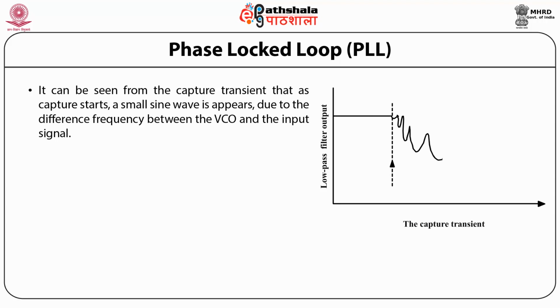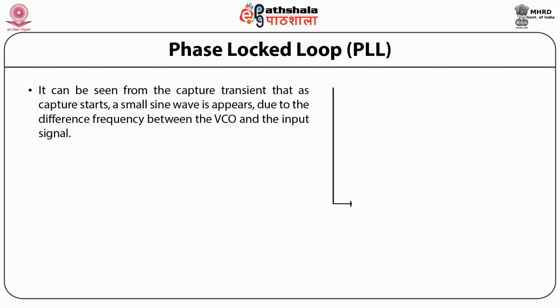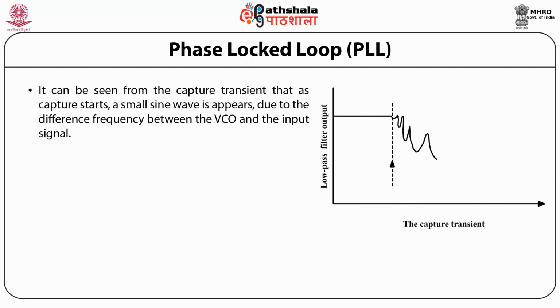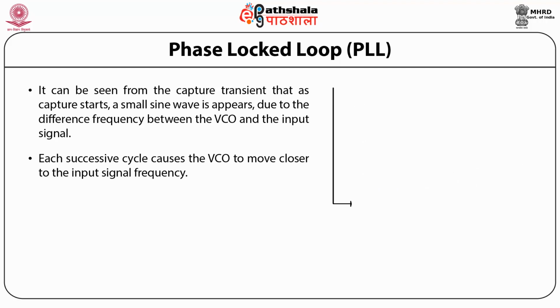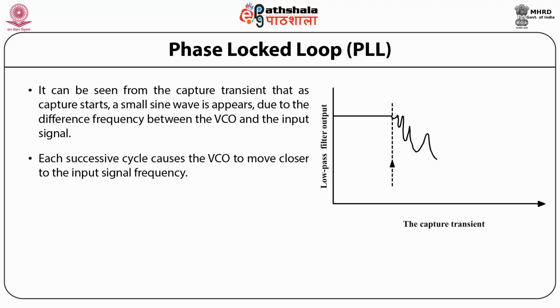It can be seen from this figure that as the capture starts, a small sine wave appears due to the difference in the frequency between the VCO and the input signal. So the DC component of the beat drives the VCO towards the lock. Each successive cycle causes the VCO to move closer to the input signal frequency.